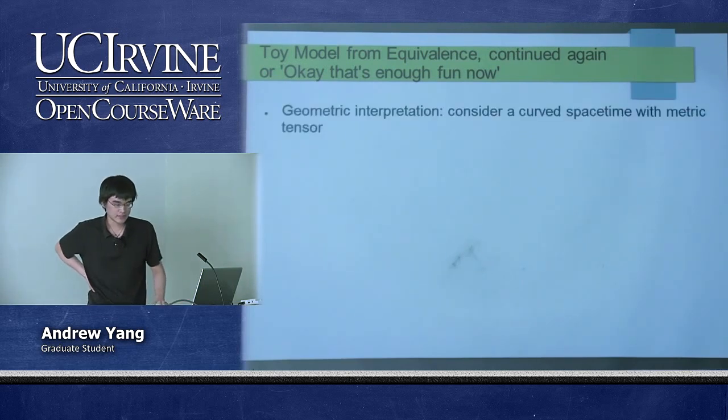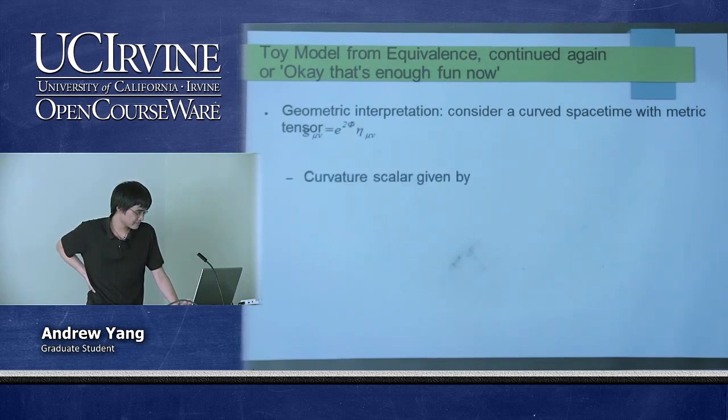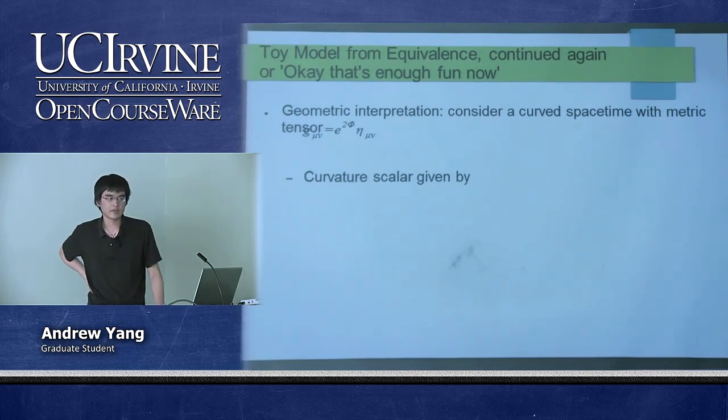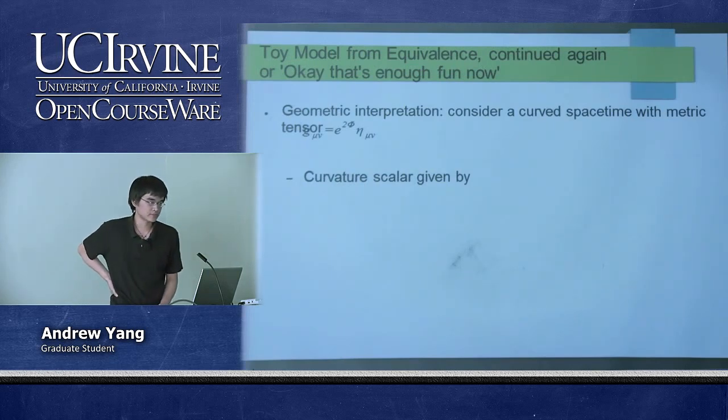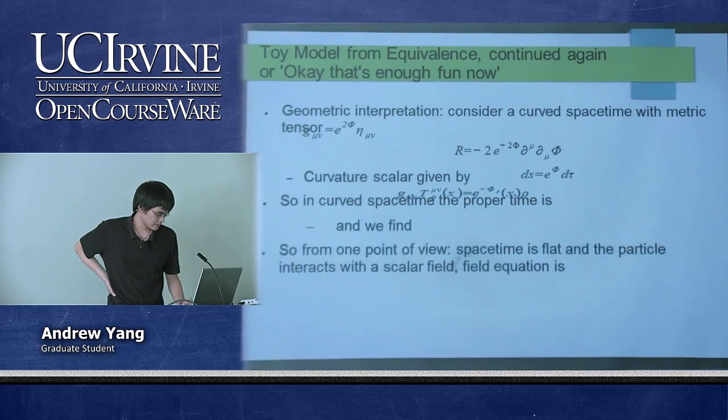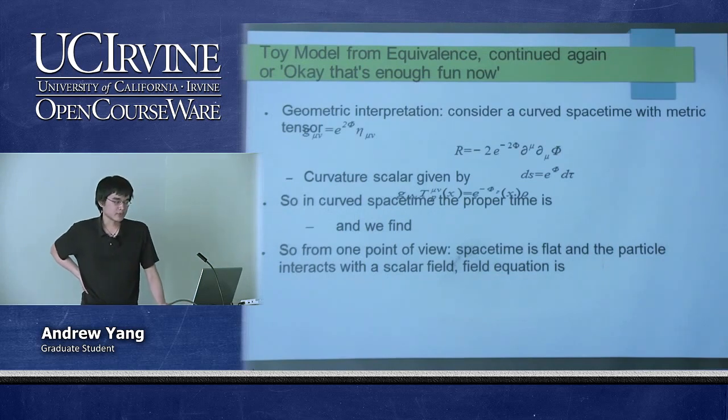So that means that this gives us a new perspective on describing gravity. We can consider it a curved space-time with some arbitrary metric from the flat space-time given by the scalar field. And that gives us the same equation from before.